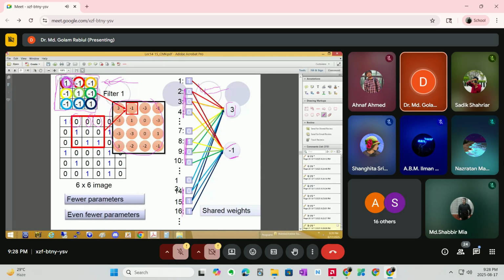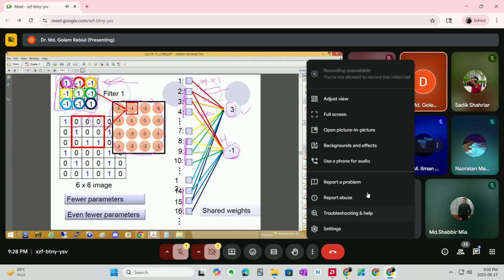The red means maybe the weight 1. Here is also the same weight. That means weight 1 is utilized here. Similarly, weight 2 is utilized for finding out the 3 here. This is weight 2, and the same value we have utilized here. So that means the weights are shared.